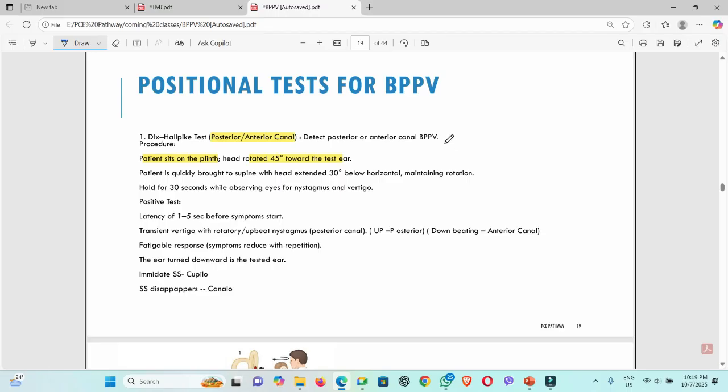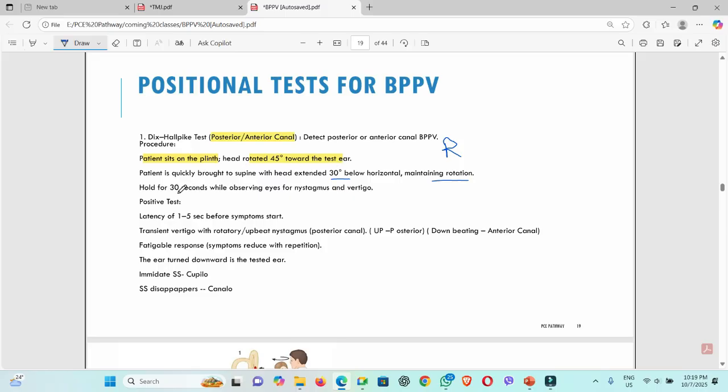Make it easy, let's say right side. We want to test the right side. The patient is sitting on the plinth, head rotated towards the right side 45 degrees. The patient is quickly brought to supine with the head extending 30 degrees below horizontal, maintaining the 45 degree rotation.